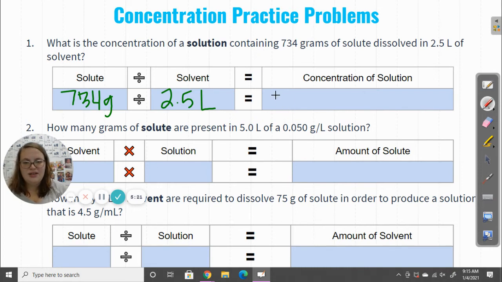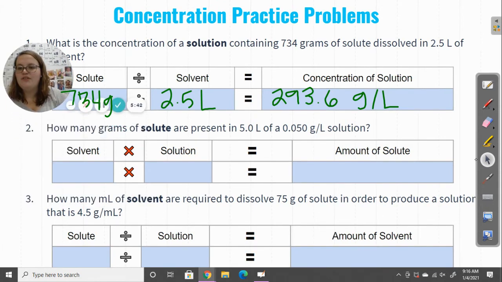That's going to give us 293.6, and my units are grams divided by liters, so grams over liters. So that's the first one.